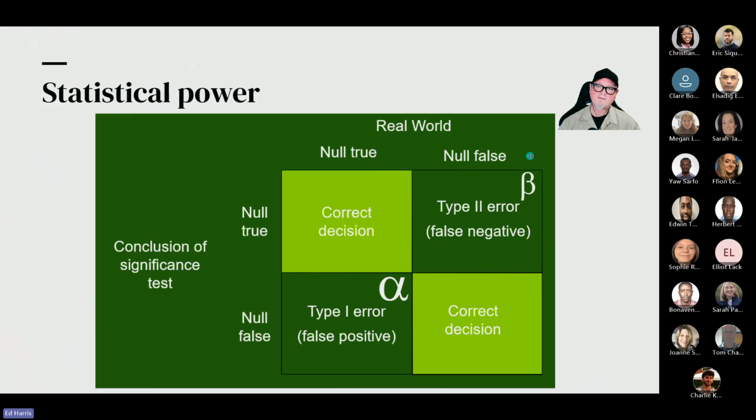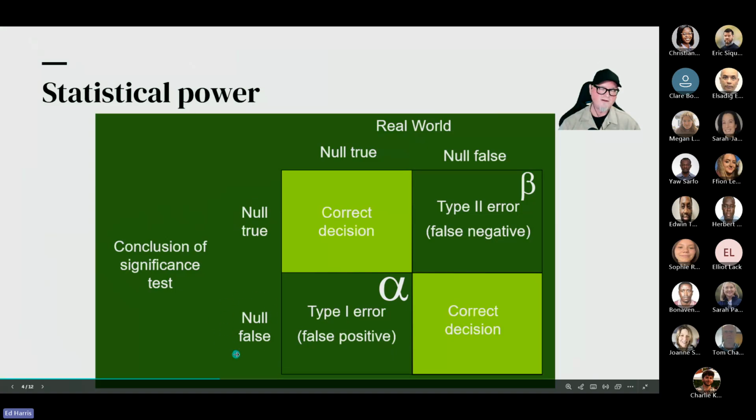And in this column, you're correct and the null is false. So your hypothesis is correct. Down here on the two rows is your conclusion based on your data analysis. And here you conclude that the null is true. And here in the second row, you conclude that the null is false.